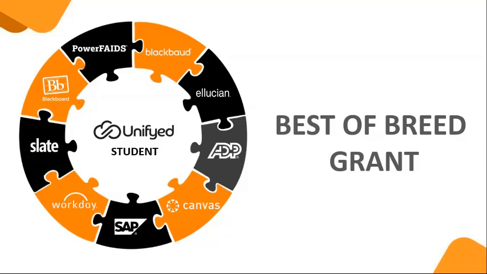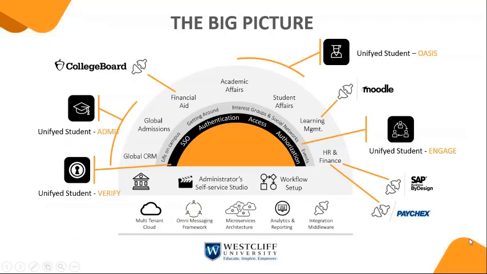PowerCampus schools, for example, are running ADP for the most part. They're running applications like College Board's PowerFAIDS for financial aid. So everybody's got a slightly different context on what their current investments are.